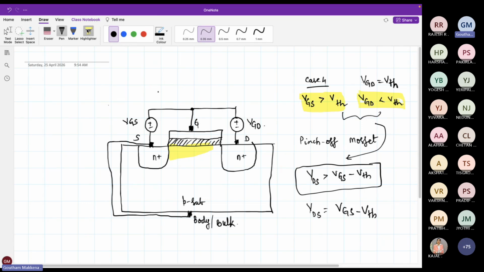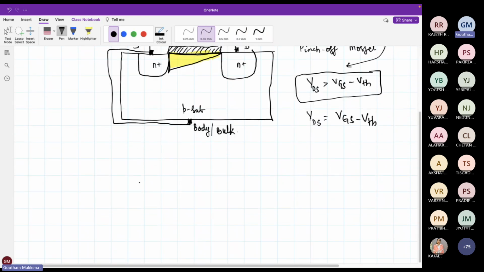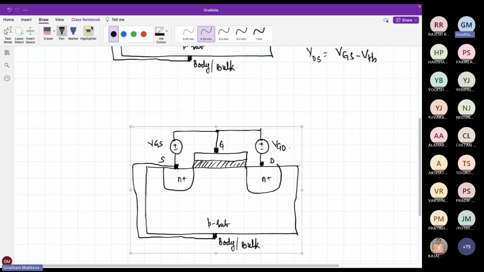The channel is barely formed, so your channel might look something like this. This is called the exact pinch off condition, when VGD is equal to VTH. But when VGD becomes more and more less than VTH, what happens is something like this. The channel is there on the source side and on the drain side, there is no channel.